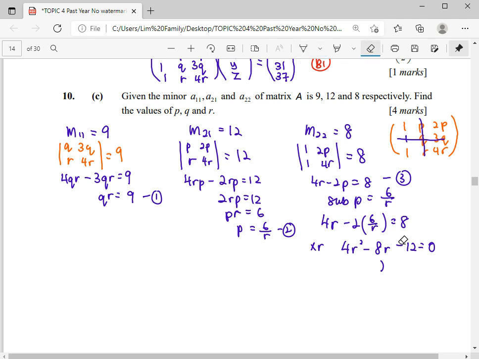Before factorizing, make sure the quadratic is in its simplest form, so I divide by 2. Then we start factorizing. What's your R? You can press your calculator, with A is 2, B is 4, C is 6. This one can still be simplified to the simplest form, so divide by 4.